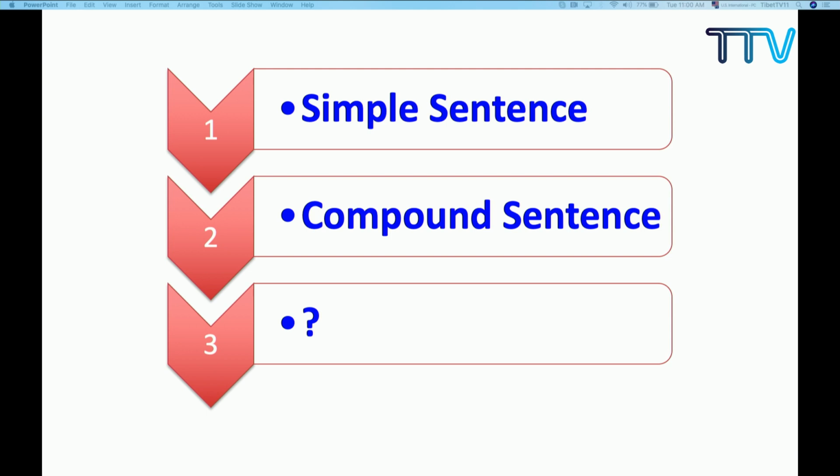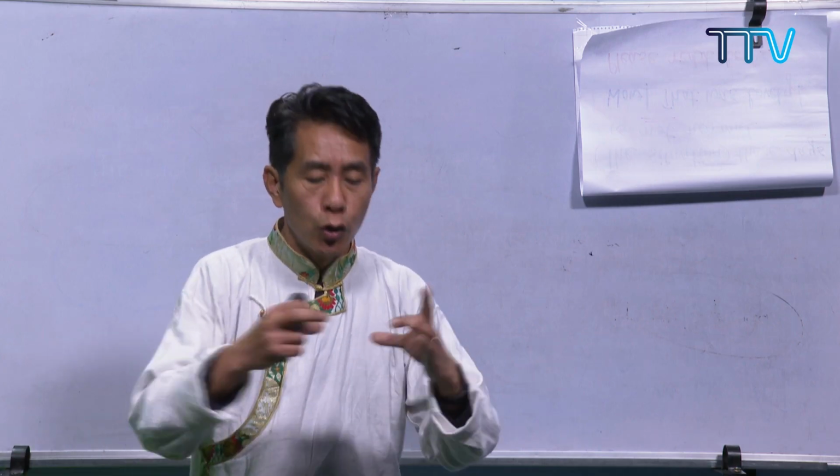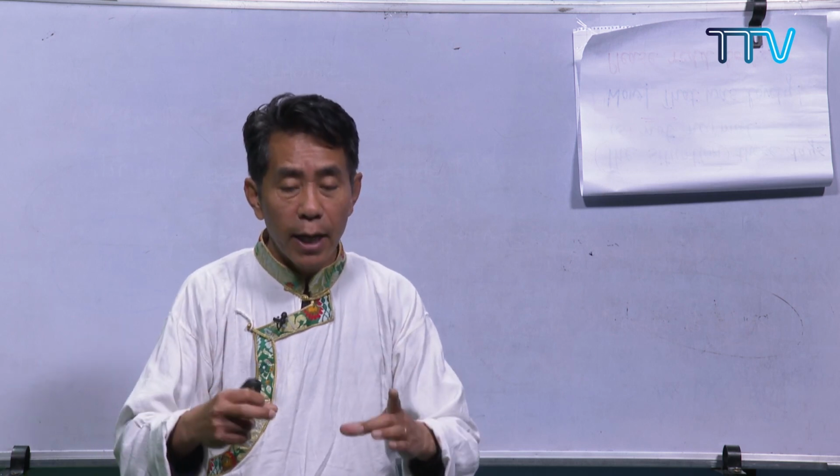In the first session, we learned about the simple sentence, which is an independent clause. Compound sentence has two independent clauses: two simple sentences joined together, and we call it a compound sentence.